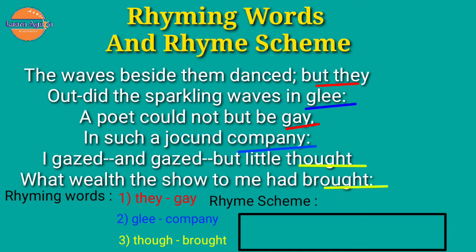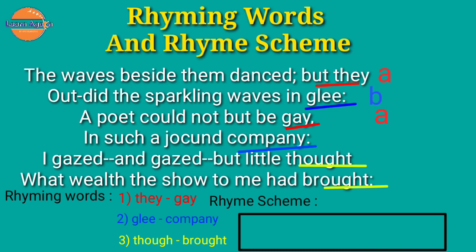Now let us see the rhyming scheme. To figure out the rhyming scheme, mark A for the first line, last word they. Glee doesn't rhyme with they, hence we will mark with B. Gay rhymes with they, so we will write A again.